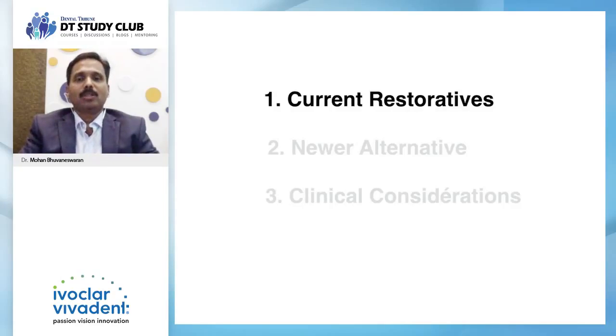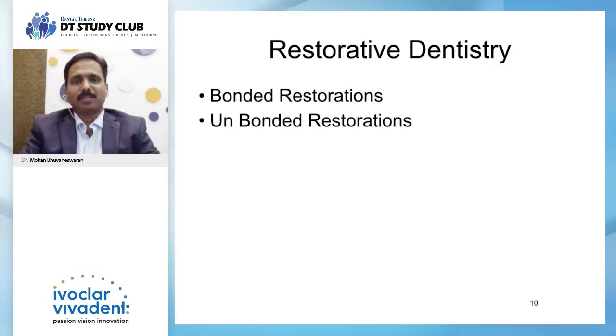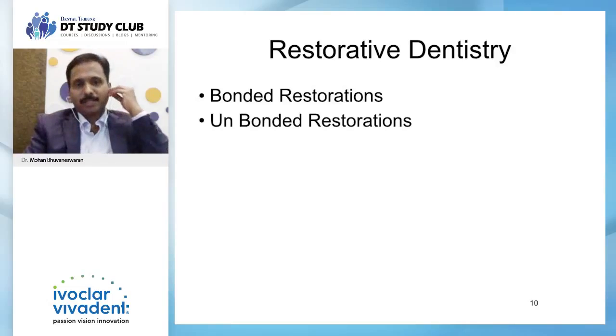Now, moving on to the first part, the current restoratives. In this, we will see the current aspects of restorative dentistry, the materials that are available, and the limitations of those materials. Restorative dentistry tries to restore lost tooth structure, which can be done by either bonded or unbonded restoration.